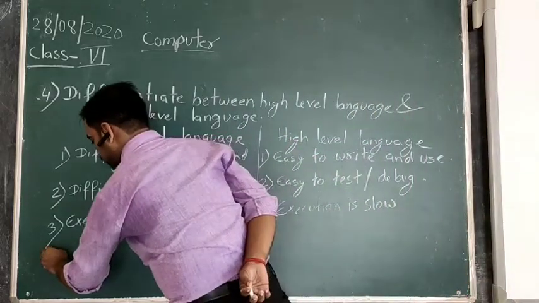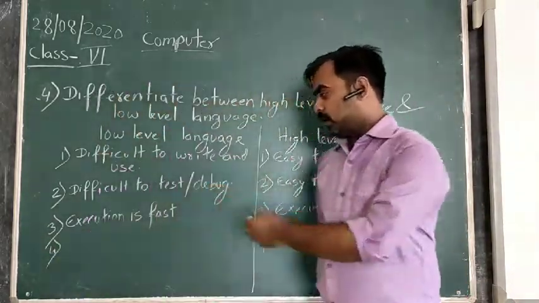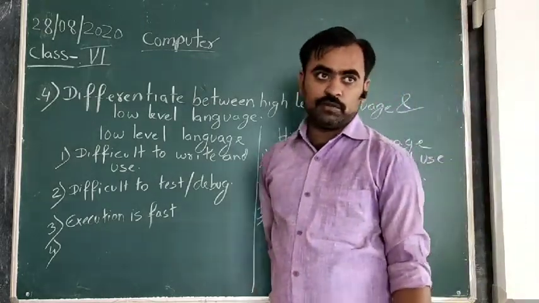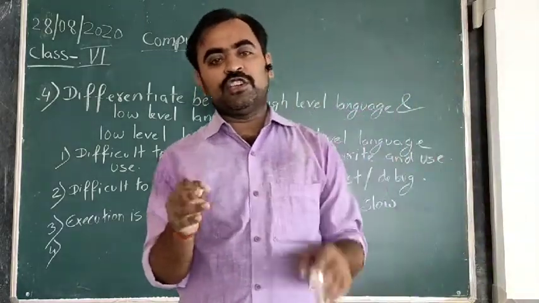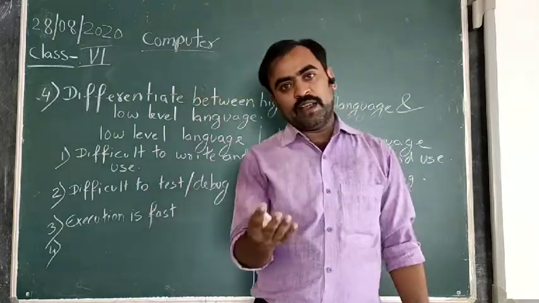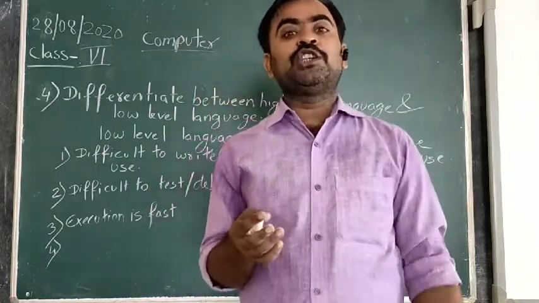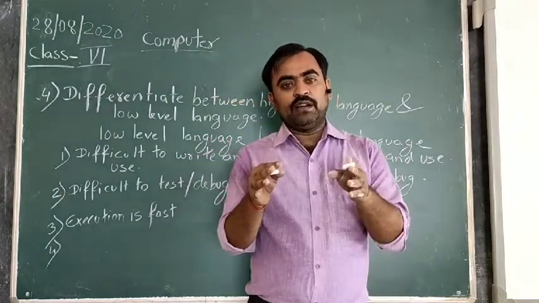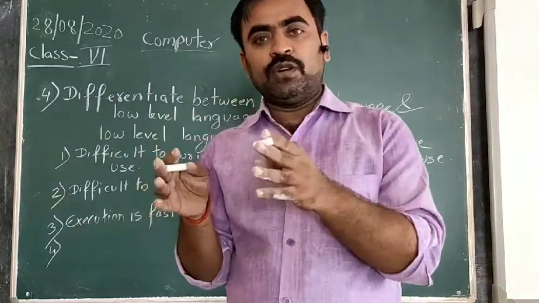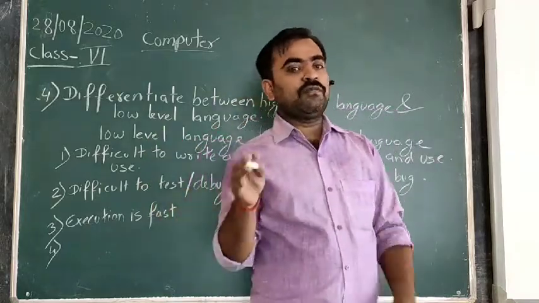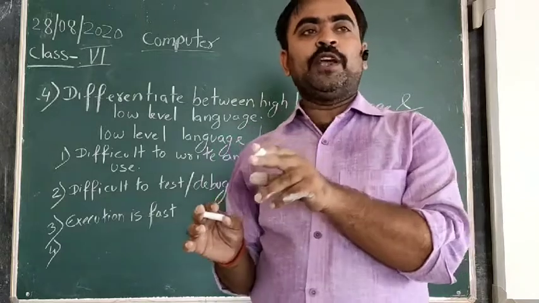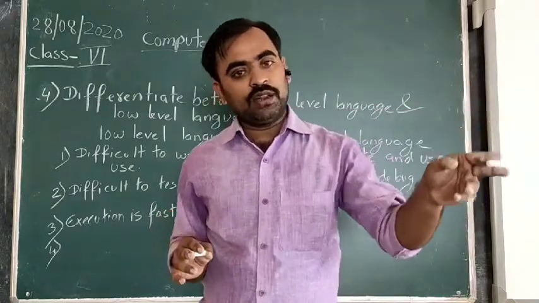The fourth difference, another important difference between low level language programs and the high level language program. The programs or the instructions written using the low level languages are machine dependent. That means when we write an instruction for one computer, that particular instruction cannot be copied and run on another computer.